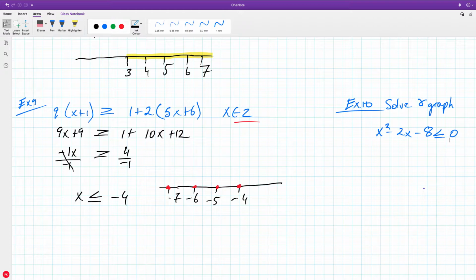Solve and graph that for me. These are impossible to solve fully and get it right unless you graph it.